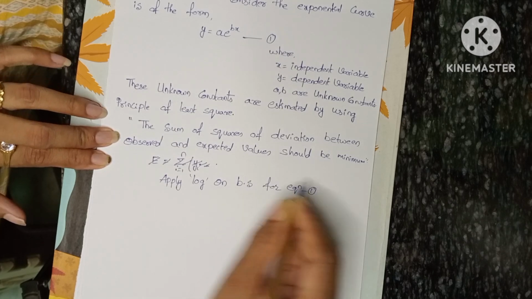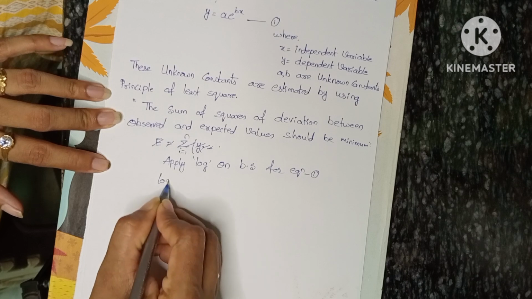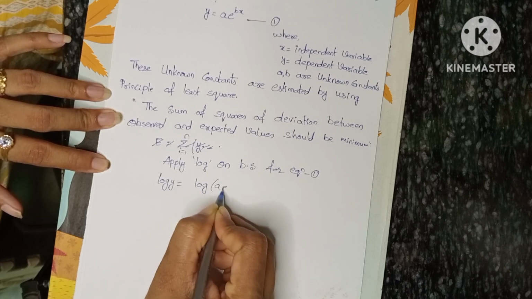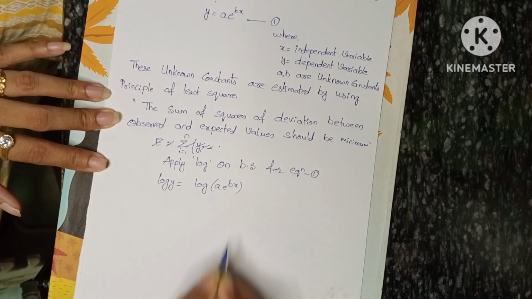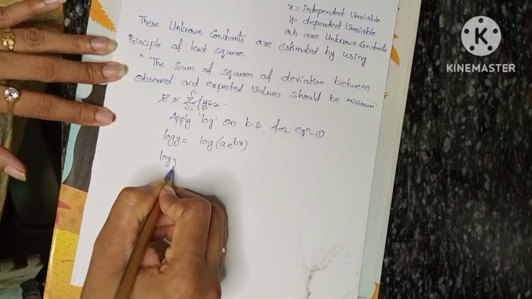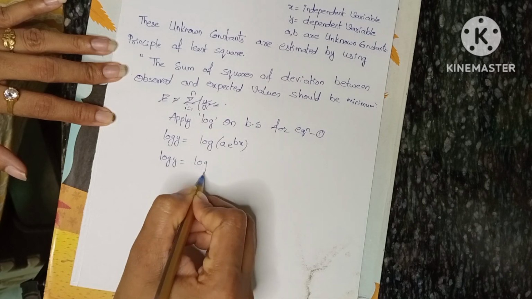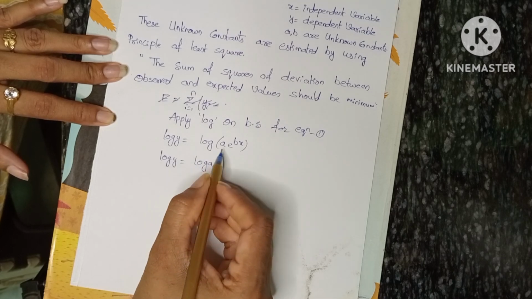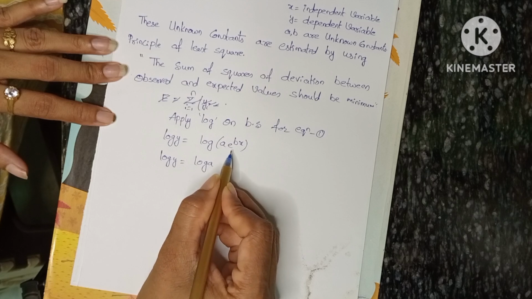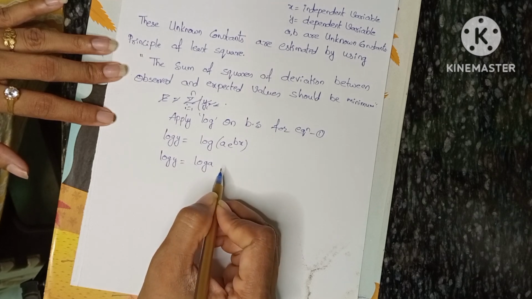So log y equals log of a e power bx. Now log y equals log a plus log e to the power bx, because it is in the form of log of a into b, and the formula log ab is log a plus log b.